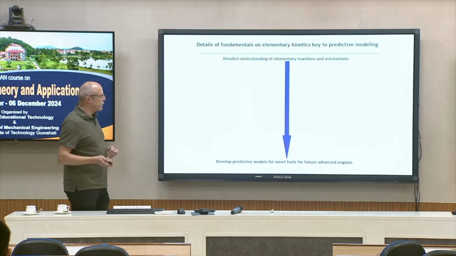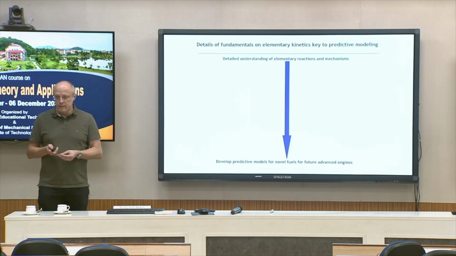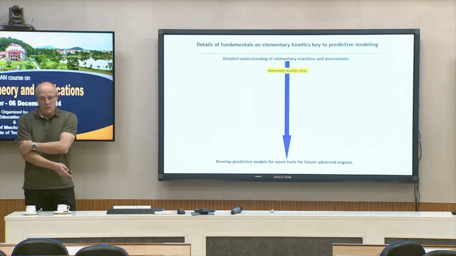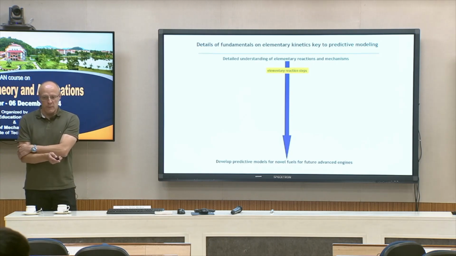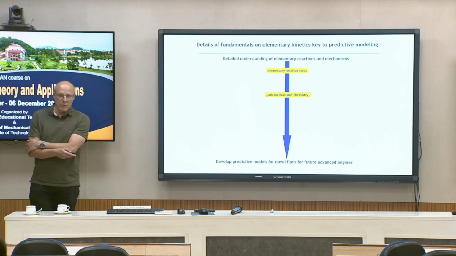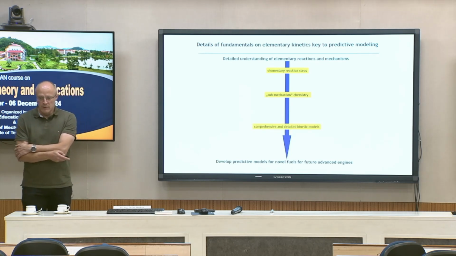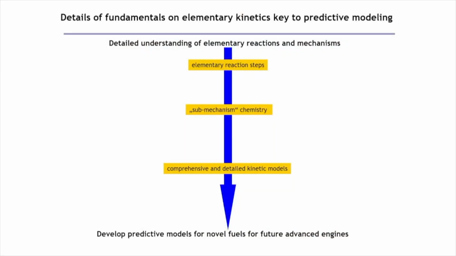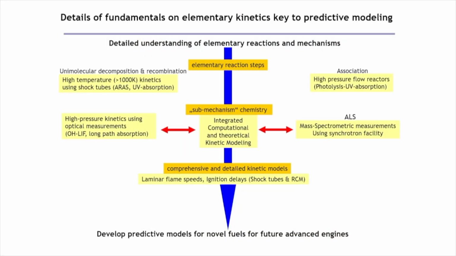First of all, we need a detailed understanding of the elementary reactions and mechanism. So we have to examine the elementary reaction steps, then develop proper sub-mechanisms, and finally comprehensive and detailed kinetic models. Therefore, we have to apply a lot of work.